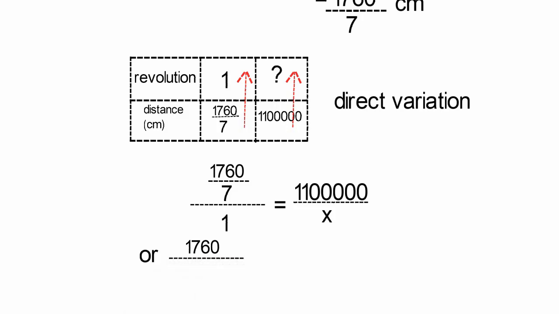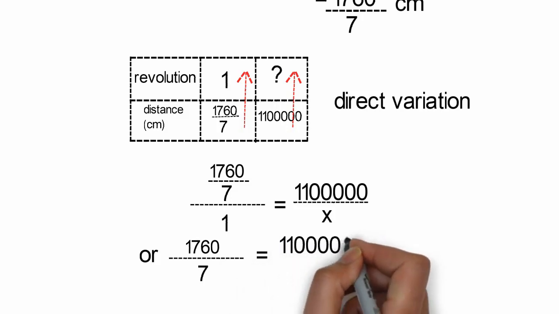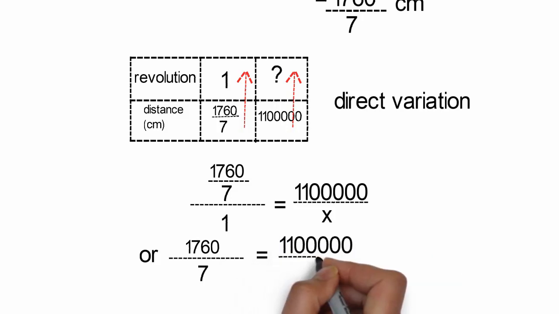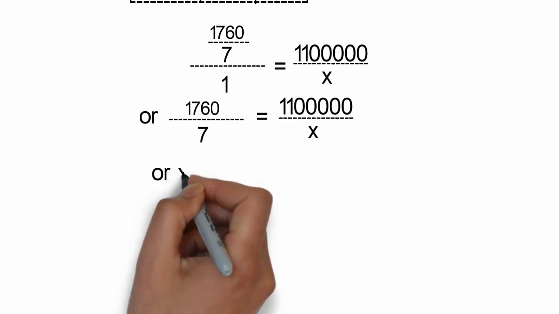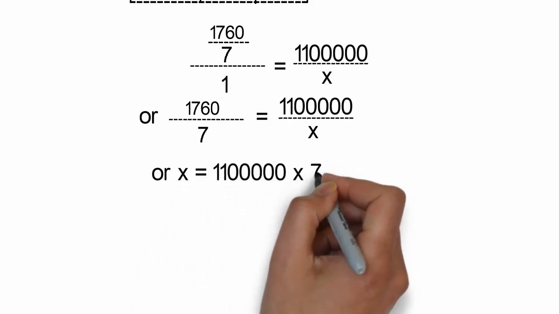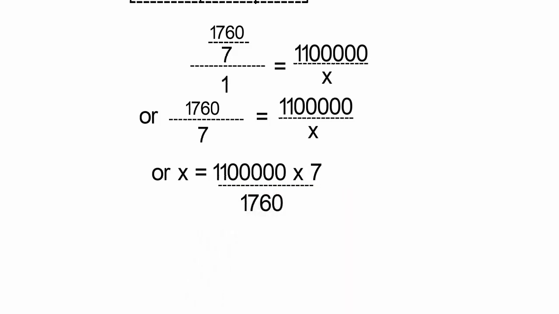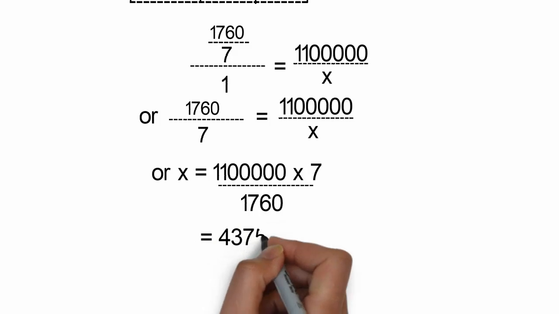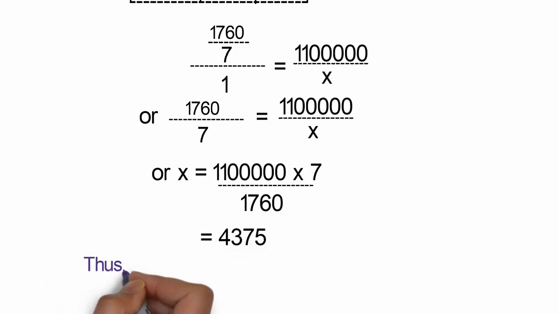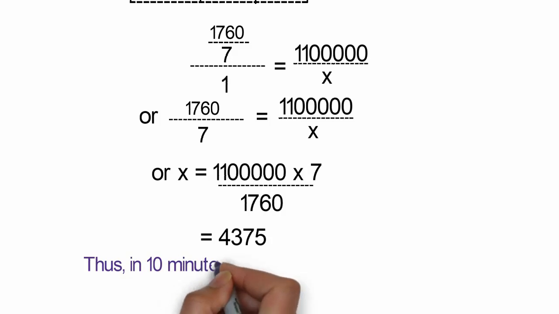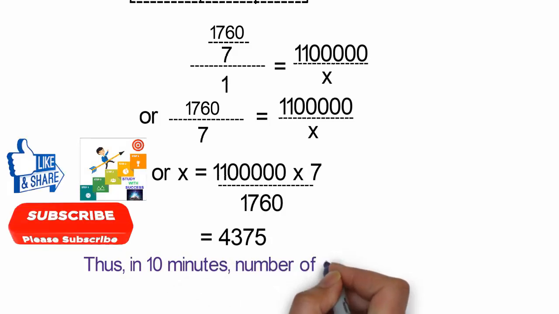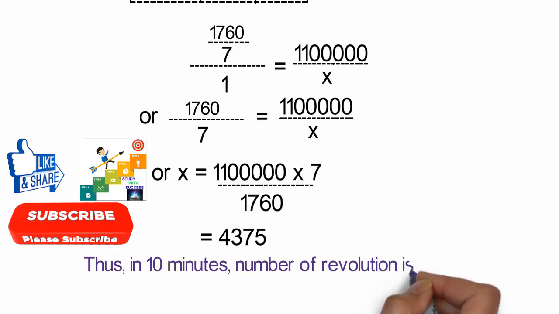So we get 1760 divided by 7 equal to, right hand side number we're going to write as it is, divided by x. Now doing the cross multiplication, we get 11 lakh into 7 divided by 1760. On calculation, we get the number 4375. Thus, in 10 minutes, the number of revolutions is 4375.